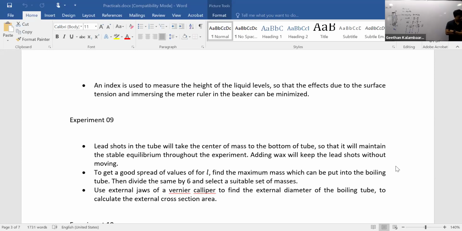Second point. To get a good spread of values for simple m, find the maximum mass which can be put into the boiling tube.